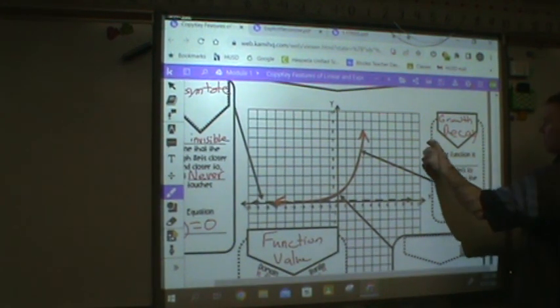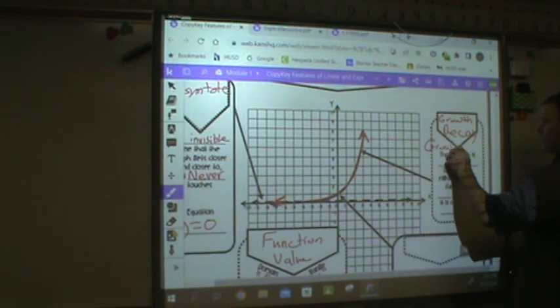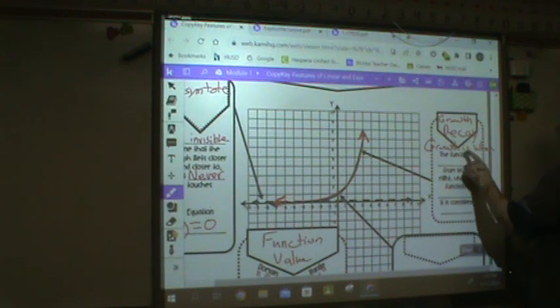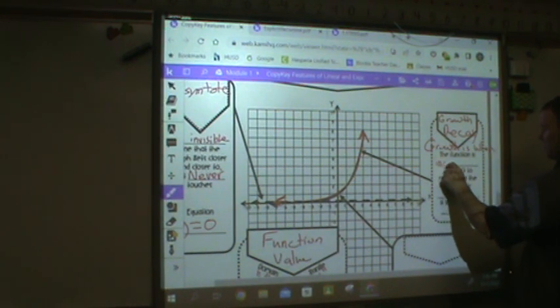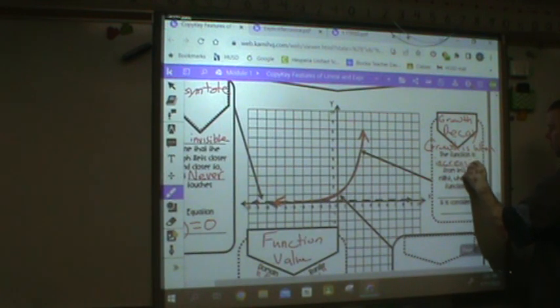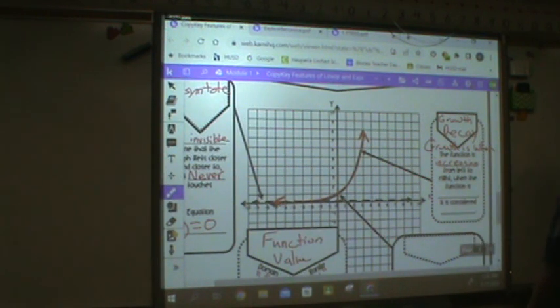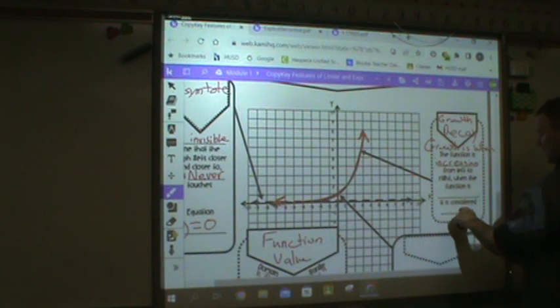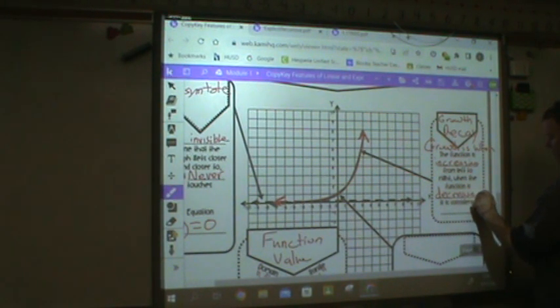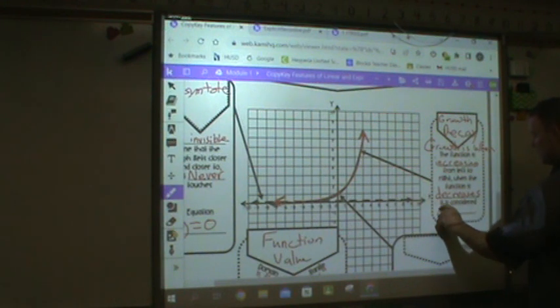You need to include growth. Growth is when the function is increasing from left to right. When the function decreases, it is considered decay.